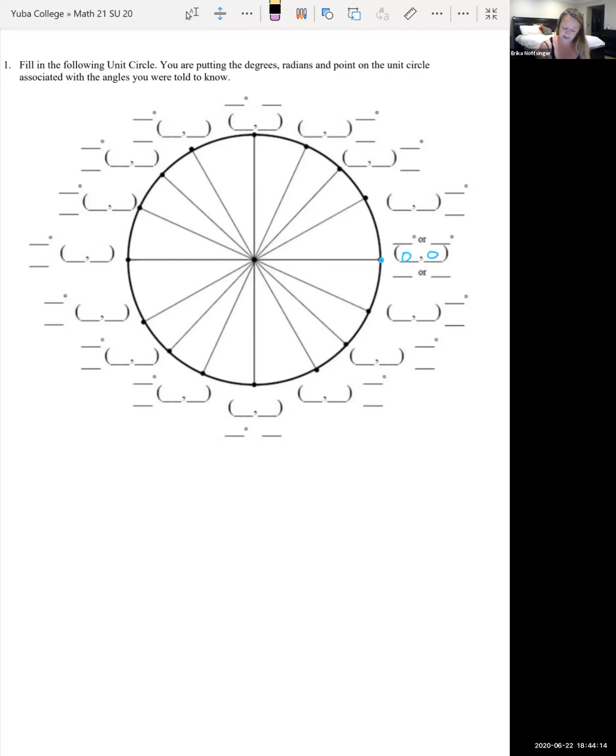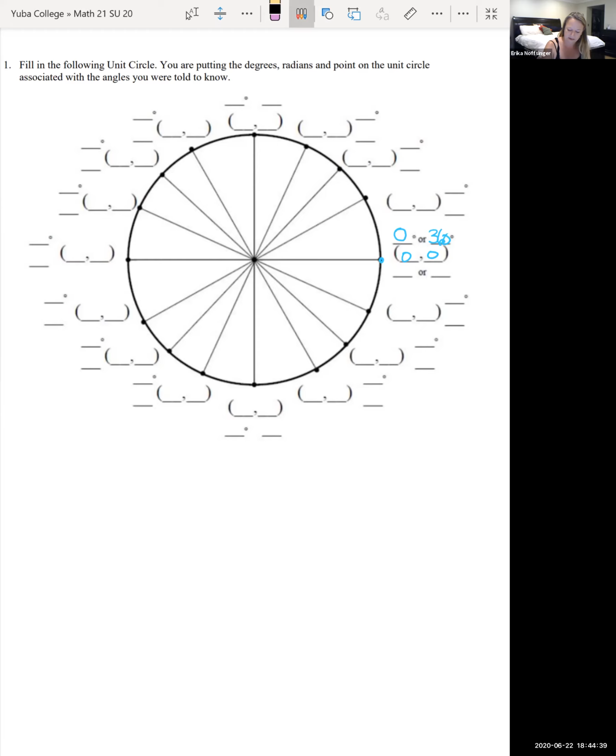If we look at this in degrees, for a standard position, we haven't even moved or rotated anything, so this would be 0 degrees here. And if we made one full rotation and got back at the same place, this would also be 360 degrees.